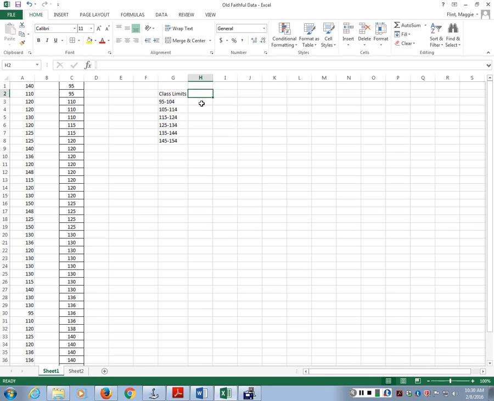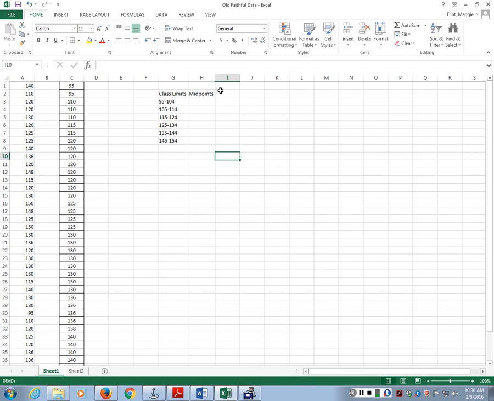What I want to do is actually do my frequencies. Since I'm going to put the midpoints here, I'm going to label it, but I'm not going to calculate them yet. So it's easy to say, okay, how many are from 95 to 104? Well, the first number that's bigger than 104 is that 110 there.